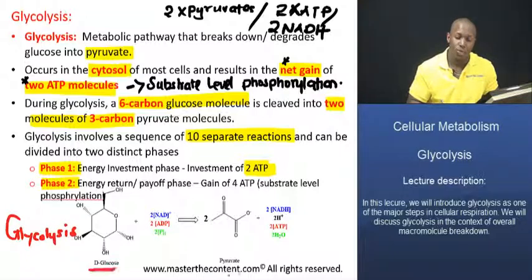We have our glucose, and the input of the entire process is going to utilize 2 NAD, nicotinamide adenine dinucleotide, in its oxidized form, 2 ADP, and 2 inorganic phosphate groups, which are going to be converted into 2 ATP.